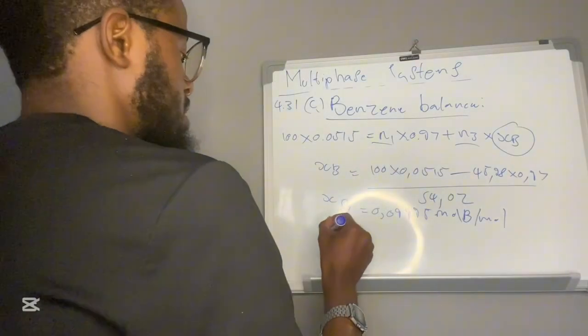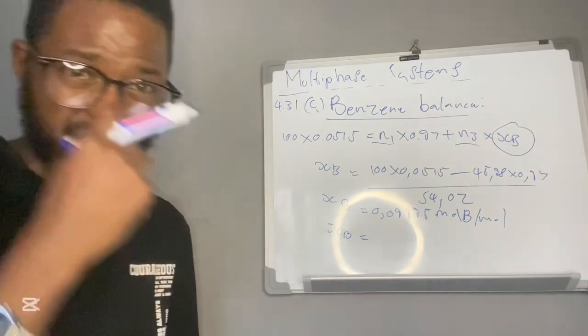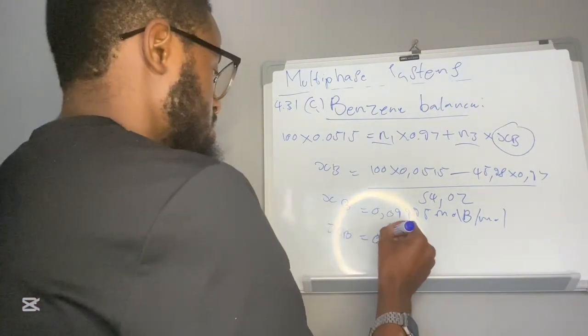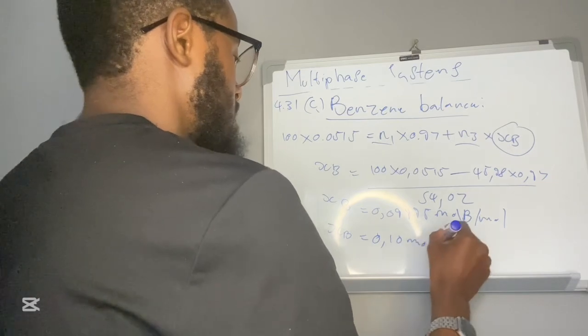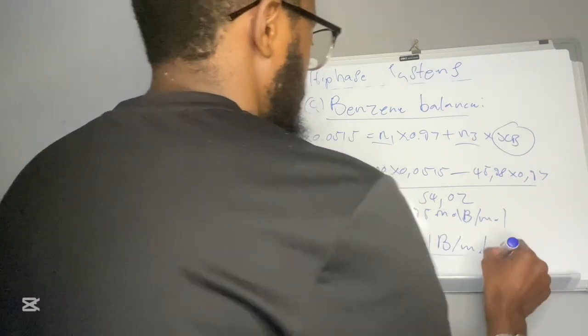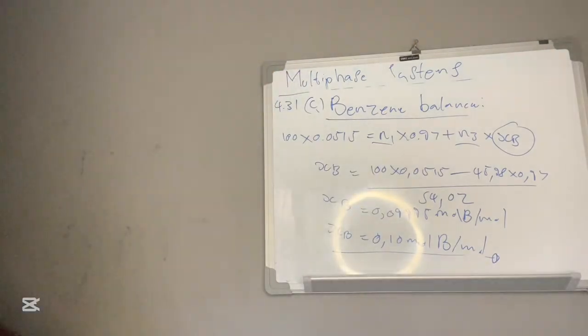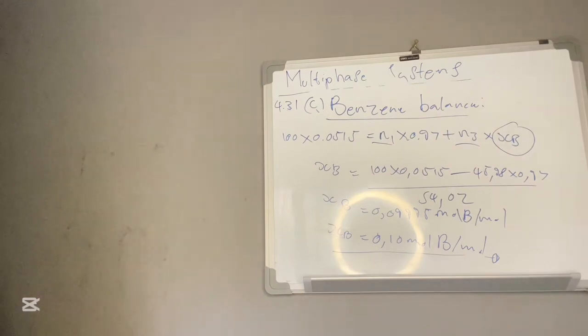You can just round this off, you don't have to write all the decimals. Put 0.10 mole benzene per mole. So we found the mole fraction of the bottoms product now.